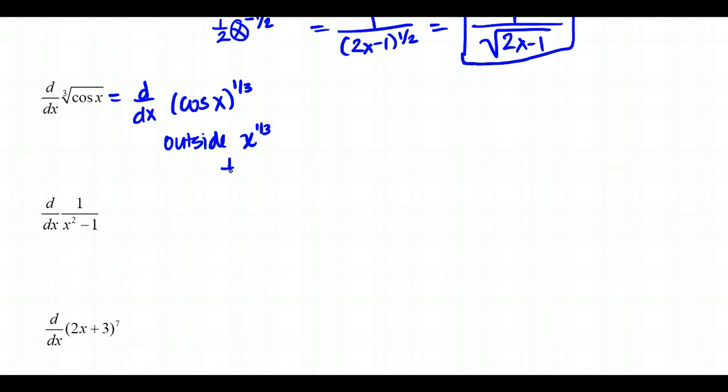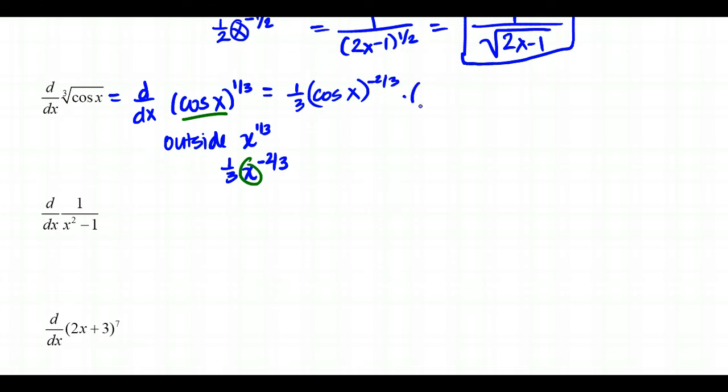So the derivative is 1/3 x to the negative 2/3. So again, instead of x right here, I'm going to replace that with this inside portion. So it's going to become 1/3 cosine x to the negative 2/3 times the derivative of the inside.